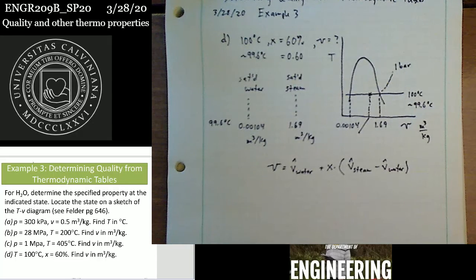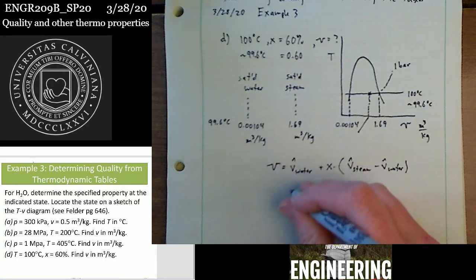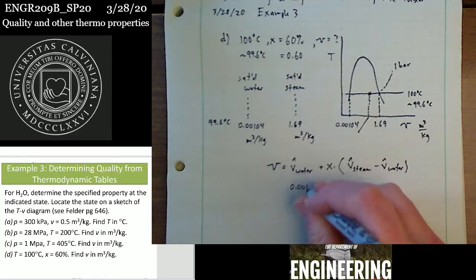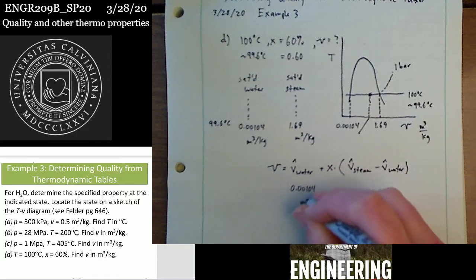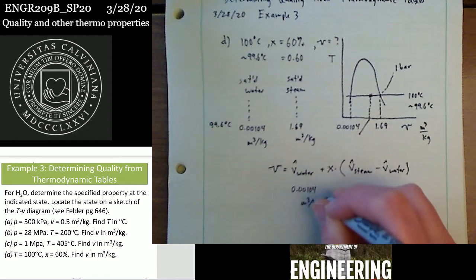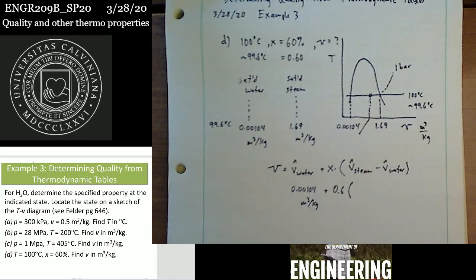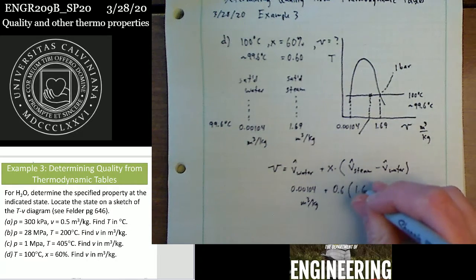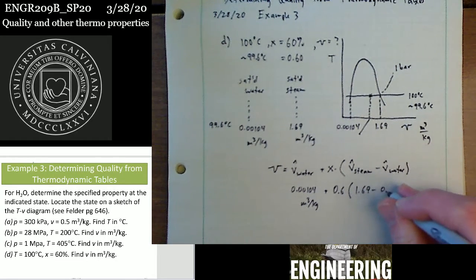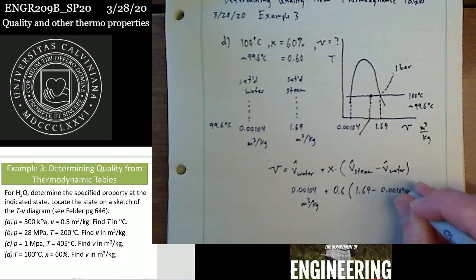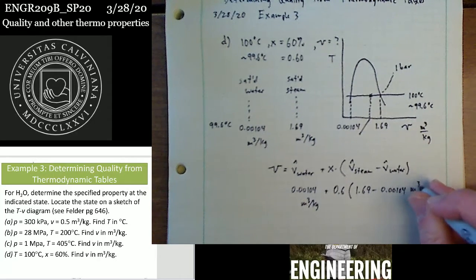So in our case, this amounts to 0.00104 meters cubed per kilogram plus 0.6, which is the quality we're asked to use, times 1.69 minus 0.00104 meters cubed per kilogram.